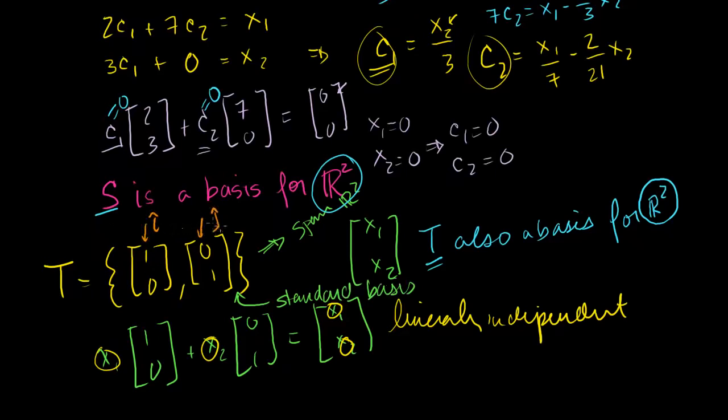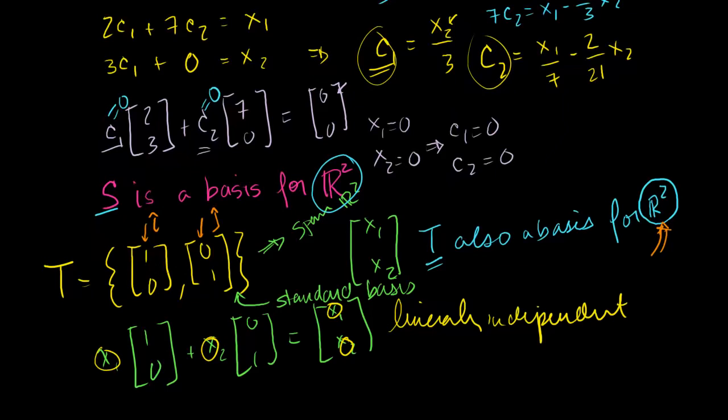It's the standard basis for two-dimensional Cartesian coordinates. And what's useful about a basis, and it's not just true of the standard basis, is that you can represent any vector in your subspace by some unique combination of the vectors in your basis.